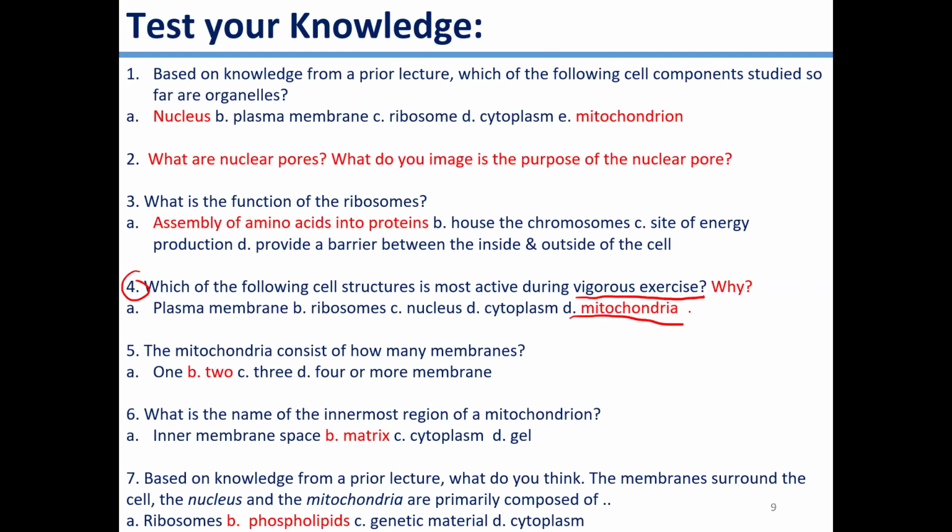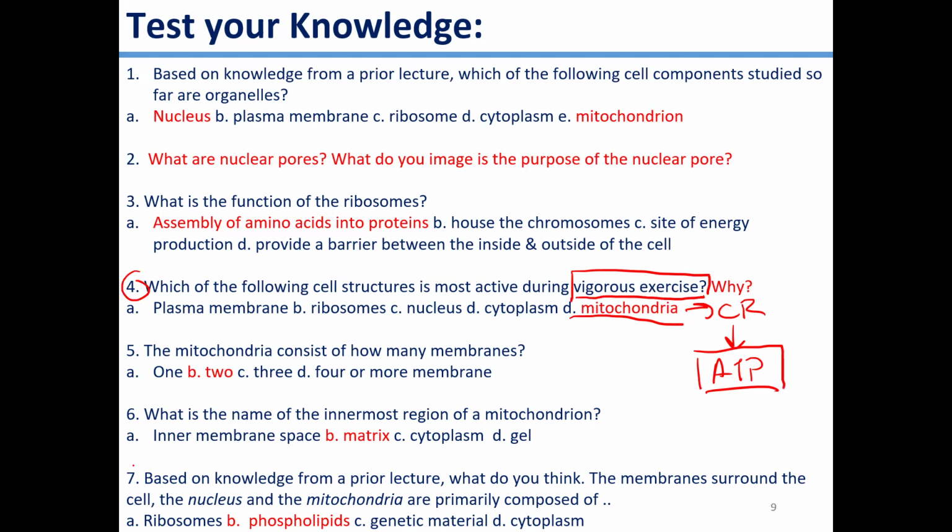And remember, the reason why is because it's going to go through cellular respiration in order to produce ATP. And remember, ATP, adenosine triphosphate, is a very energy-rich molecule, which is going to allow us to do whatever we need to do. In this case, whenever we're utilizing vigorous exercise, we're going to be going through cellular respiration in order to create our ATP.